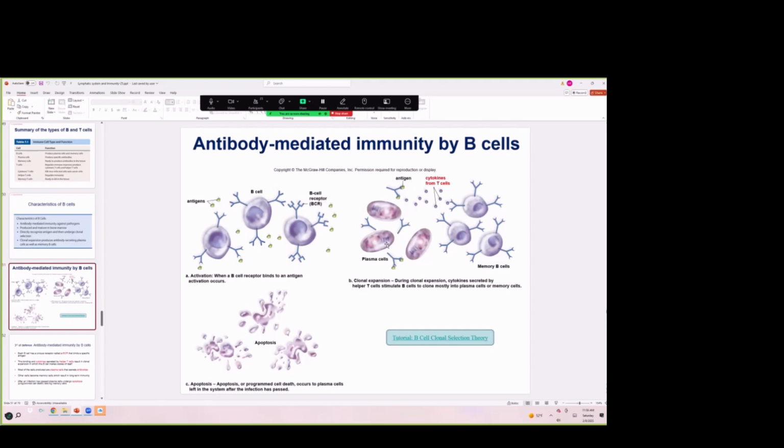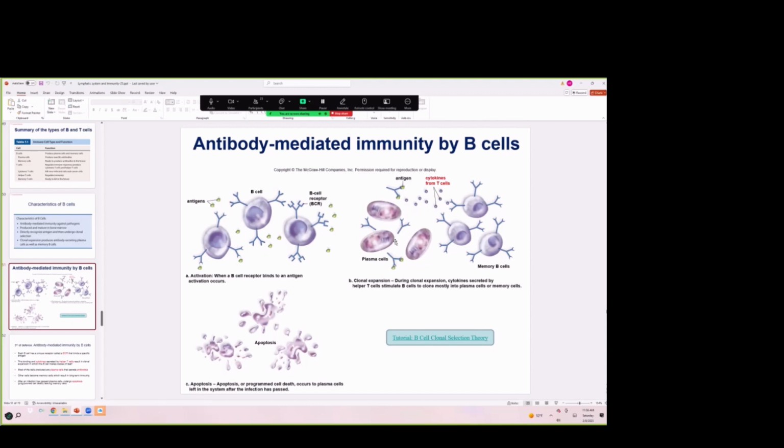So these plasma cells that come from the activation of this particular one would be producing antibodies, because these antibodies will go around now in our system between our tissues, and each time they see these ones, they will bind it up like this.